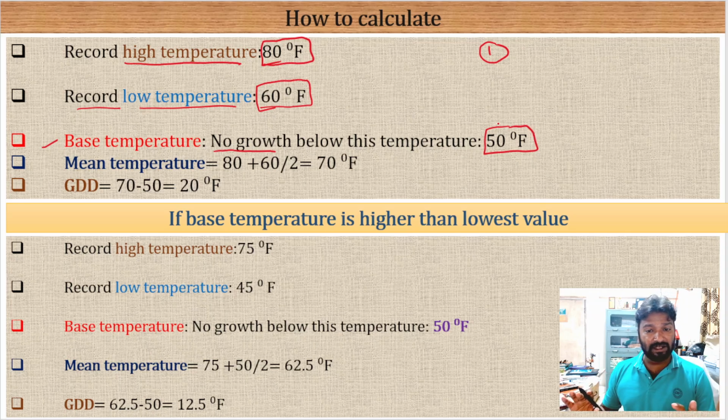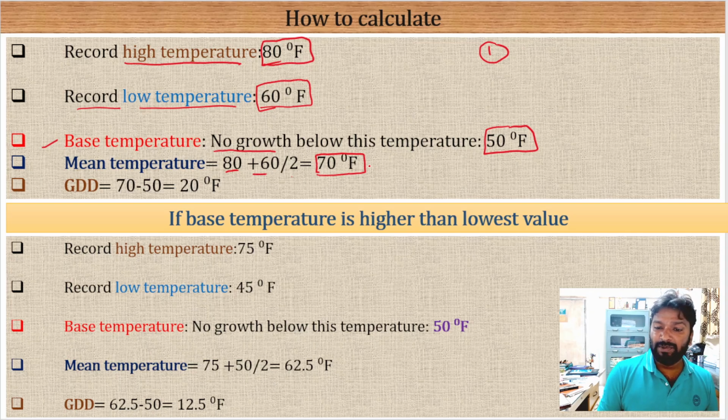So how to calculate the mean temperature? The mean temperature can be calculated by averaging the maximum temperature and the minimum temperature. That is (80 + 60) / 2, and that is 70 degrees Fahrenheit. Now, how to calculate the GDD?